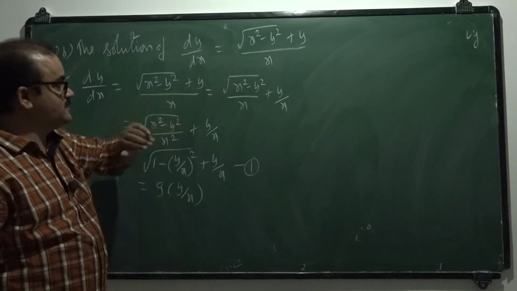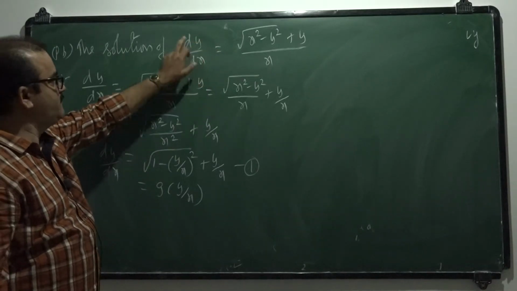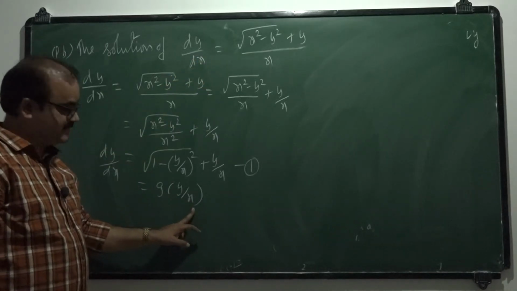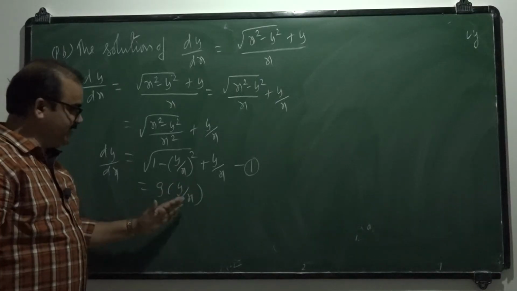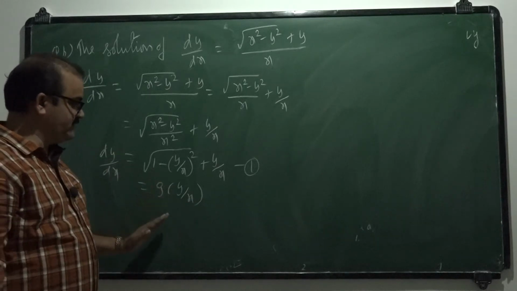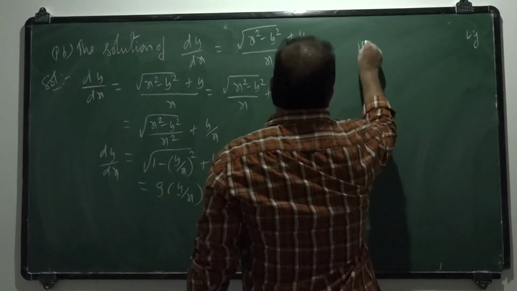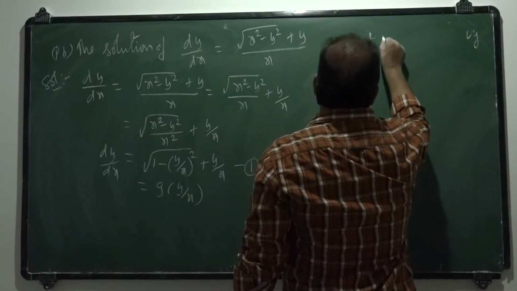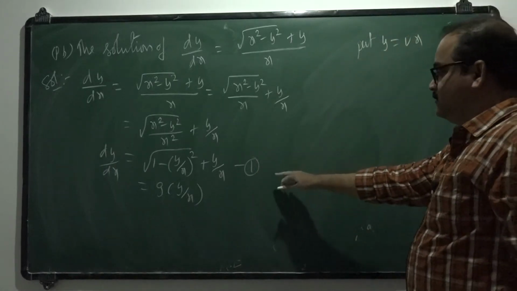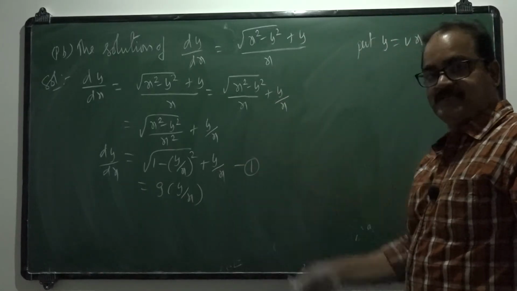If the given differential equation is in the form of dy by dx is equal to some function in terms of y by x or x by y, then it is said to be a homogeneous equation. If it is a homogeneous equation, then by using the substitution y is equal to v into x, this homogeneous equation is converted into variables separable form.